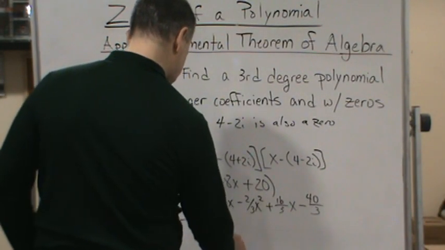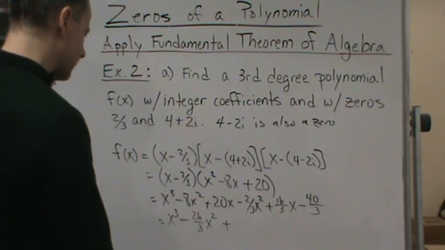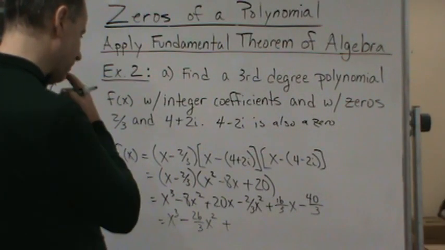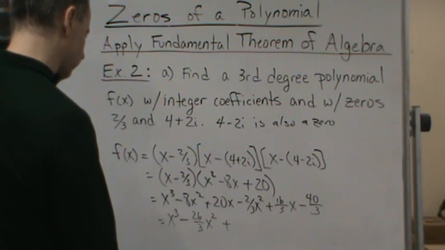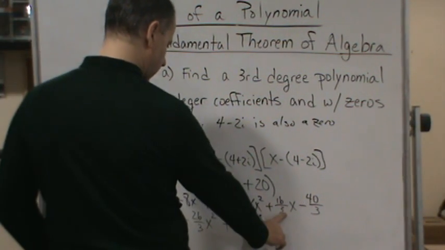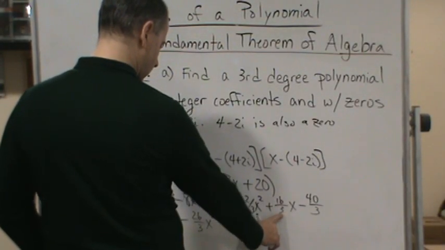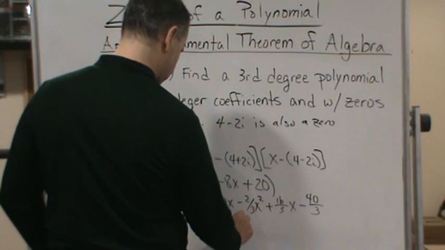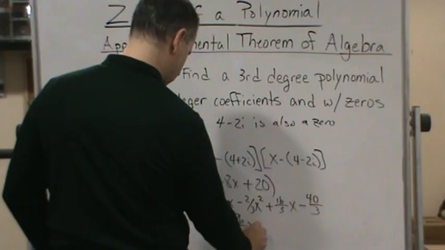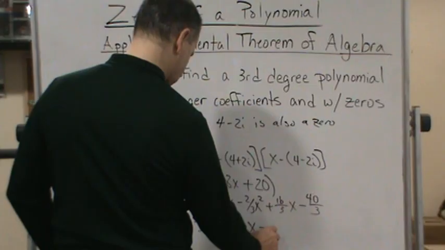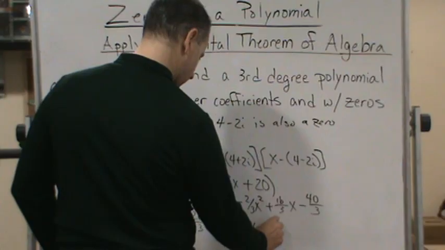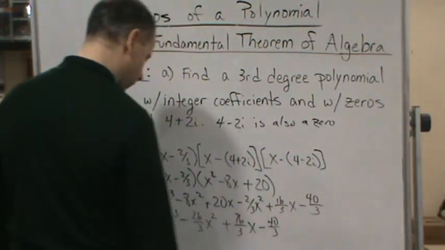Then I have plus 20 plus 5 1/3, which is 25 1/3, which is 76 thirds x, and then minus 40 thirds.